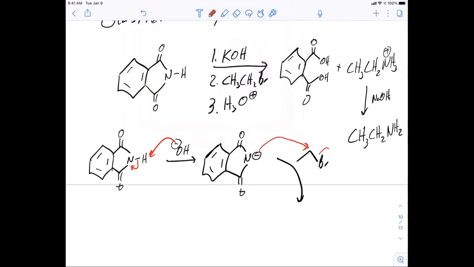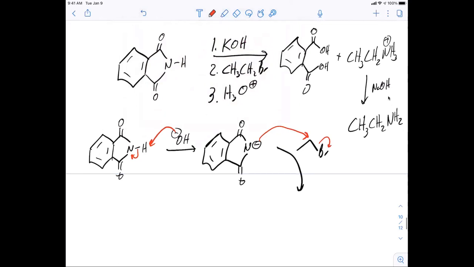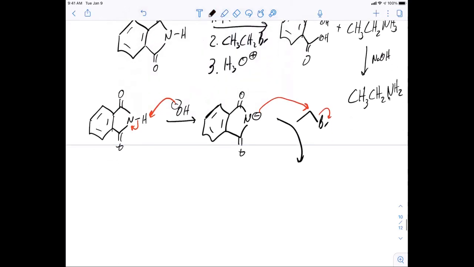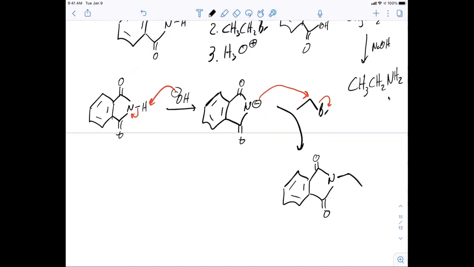So then we get backside attack. All right. So in an SN2 style reaction, right now we've got the carbon nitrogen bond formed.